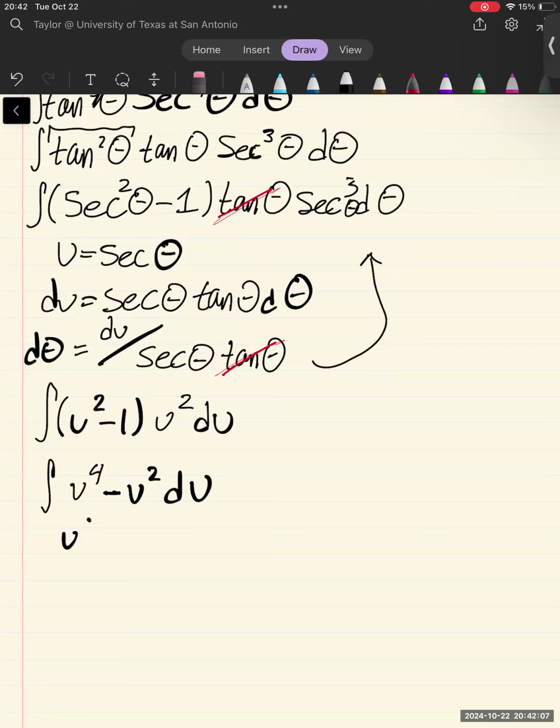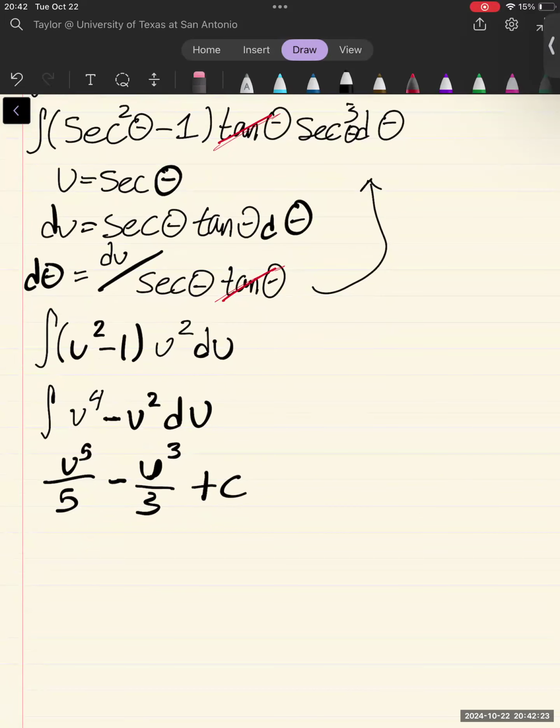This gives me u to the 5th over 5 minus u cubed over 3 plus c. Substituting in my u again, I'm going to have 1/5 secant to the 5th theta minus 1/3 secant cubed theta. And then now we need to talk about how do we get to theta.